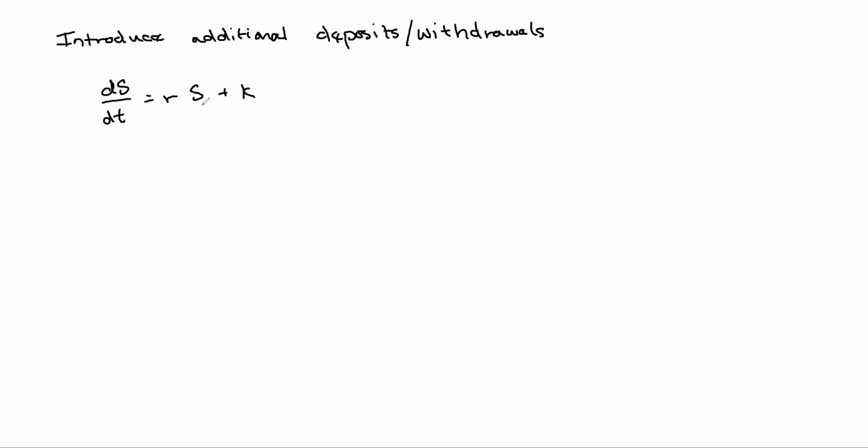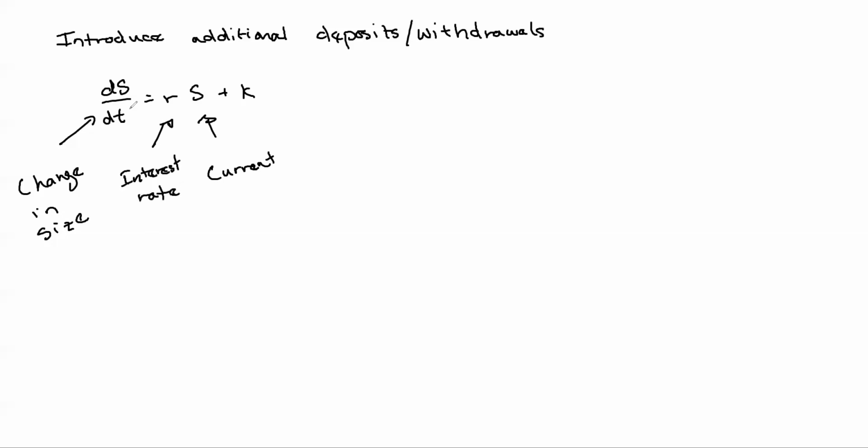Okay, so let's walk through that. If you want to calculate the change in the size of your investment, you calculate the current amount and multiply by the interest rate, or the return rate.